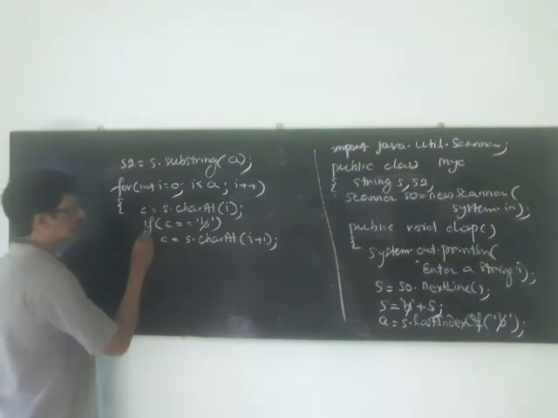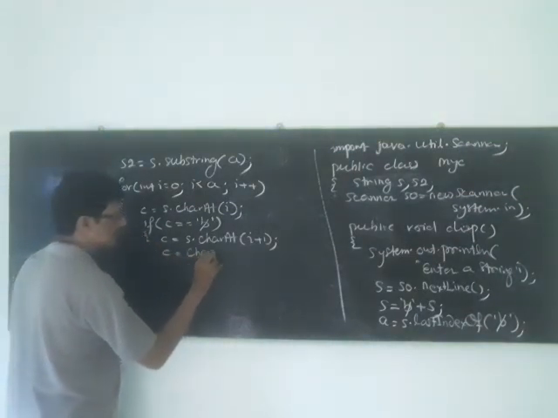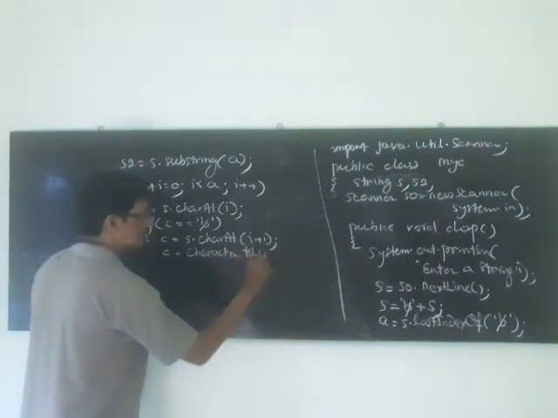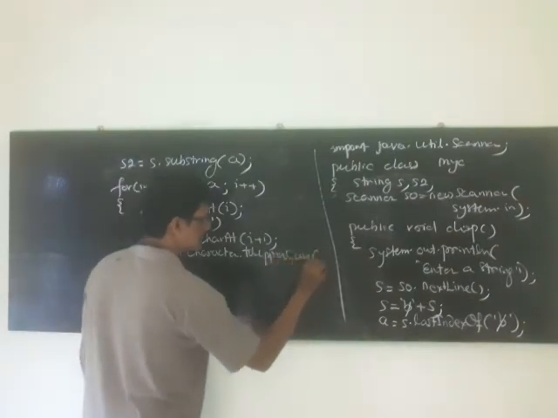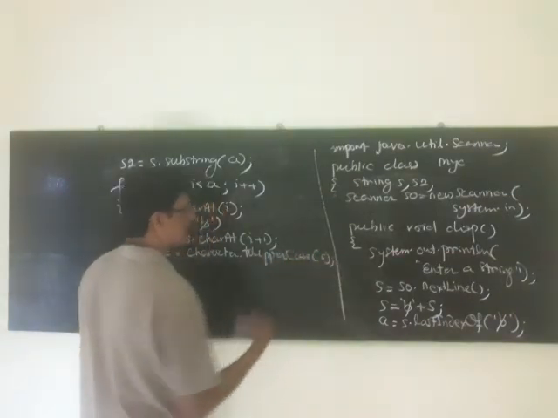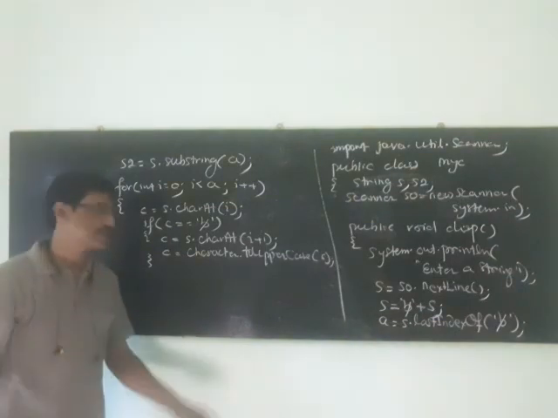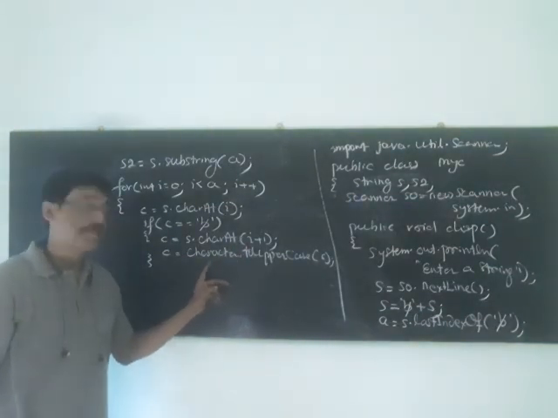Now you convert it into uppercase: c is equal to Character.toUpperCase(c). If it is a space character, you have to do both statements: select the character present next to it and convert it into uppercase.